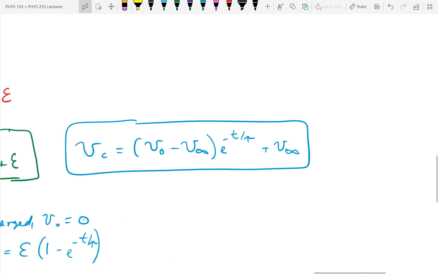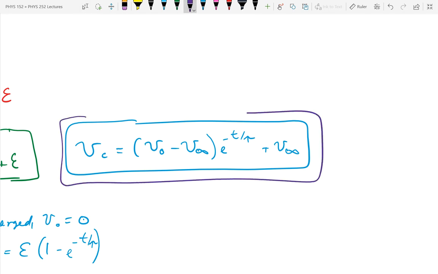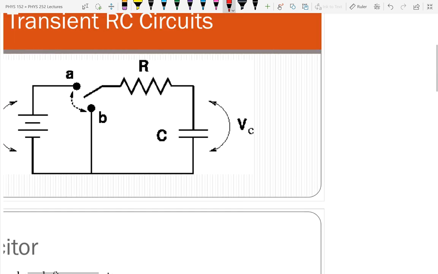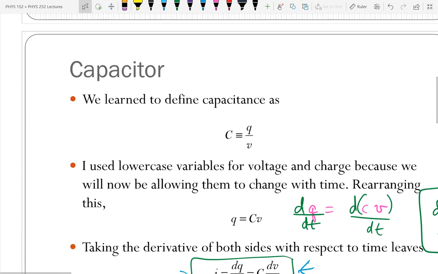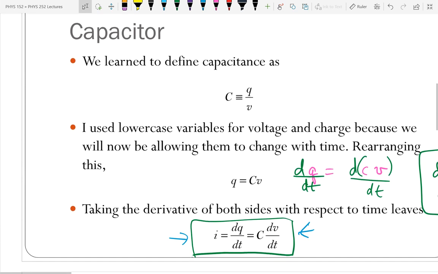Now that we have the voltage equation, how do I find the current? We have a relationship for them. Current is C dV dt.